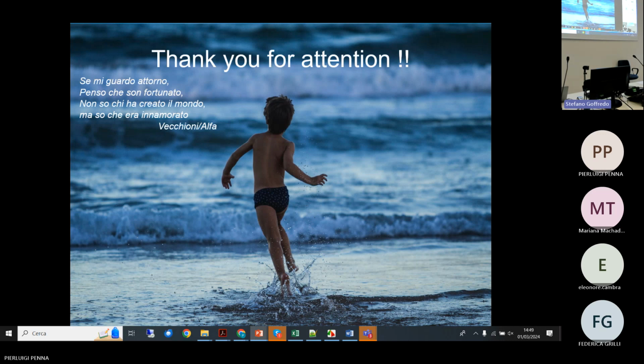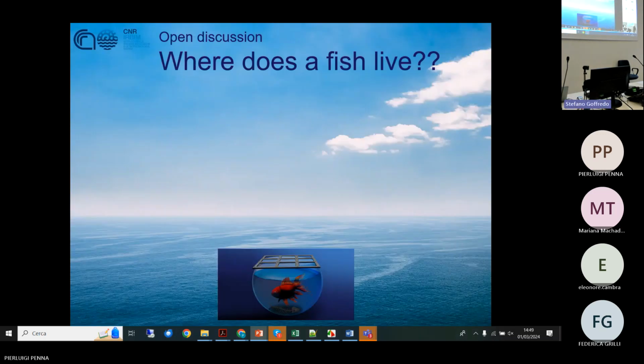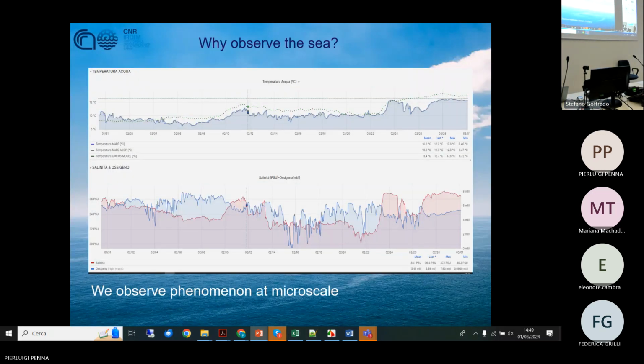It's a big result. It's for all the world. It's a very, very wonderful result for models, because it is a global field of about 4 kilometers.